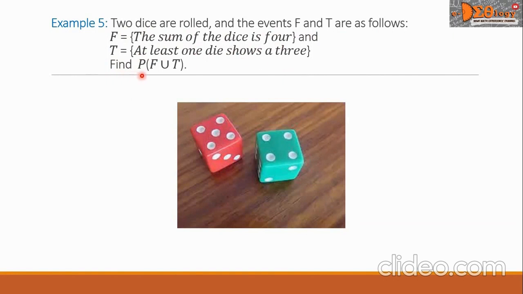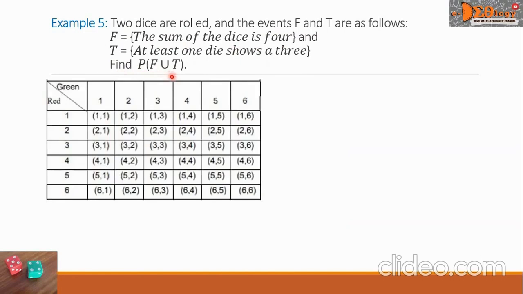Find the probability of F union T. First, let us remember we have a table that shows rolling of 2 dice. Then we list the event F, event T, and the event F intersect T.